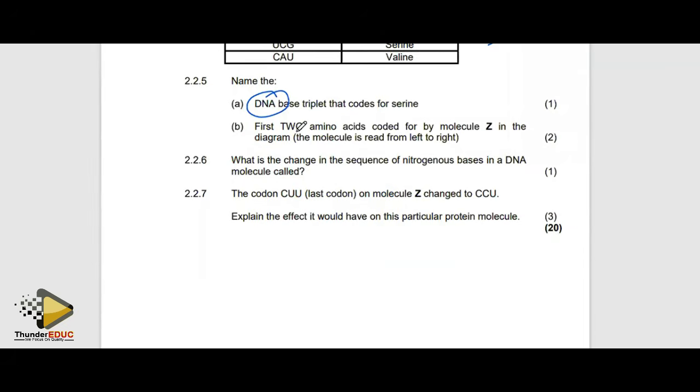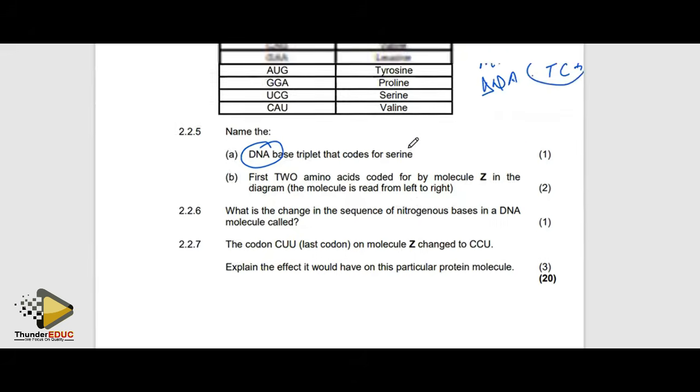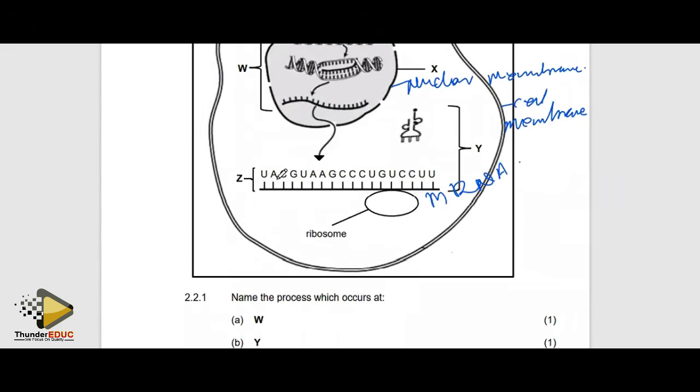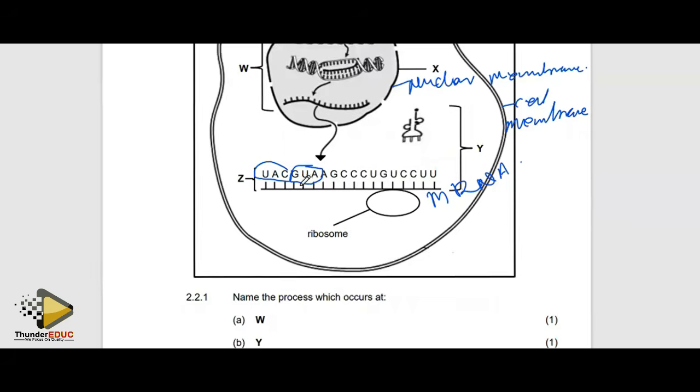They're saying the first 2 amino acids coded by the molecule Z in the diagram from left to right. So left to right, I have this and I also have this. But I need to first read, this is messenger.